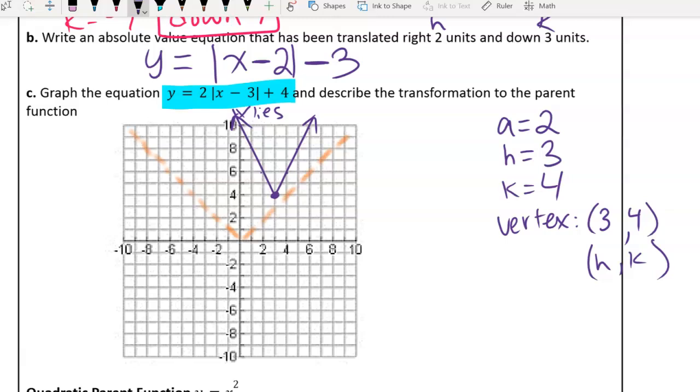Okay, now looking at our transformations, how many did we move up or down from our original vertex? Our transformations had us move up 4, to the right 3, and our a value of 2, did it make us go wider or narrower?